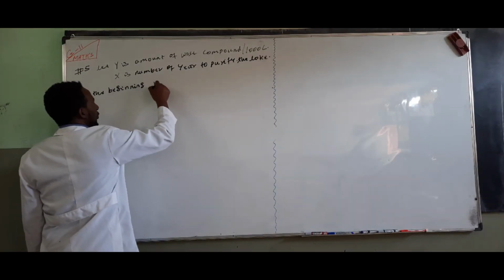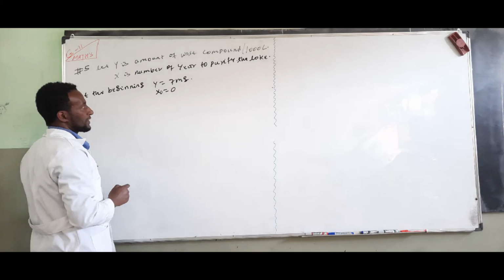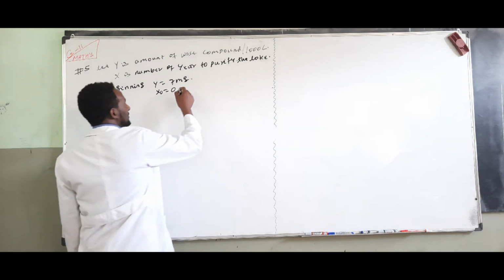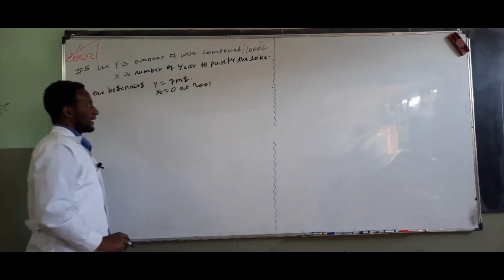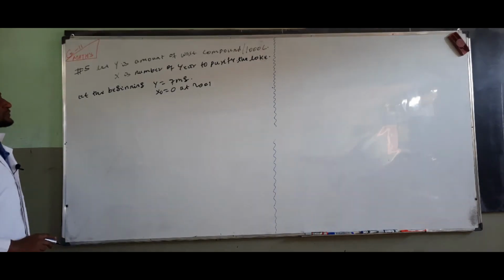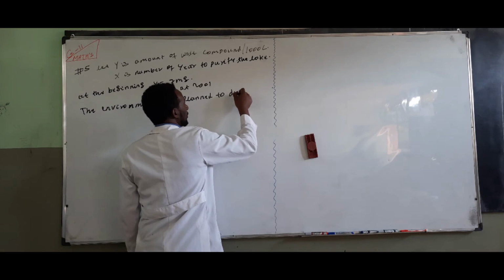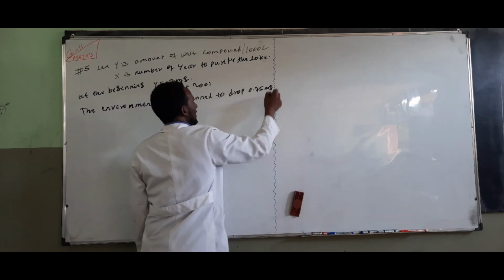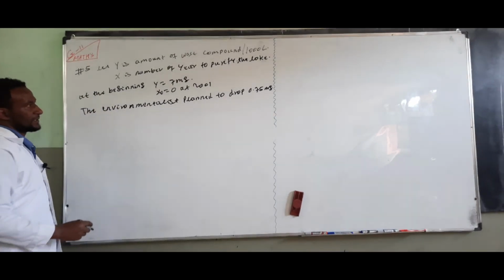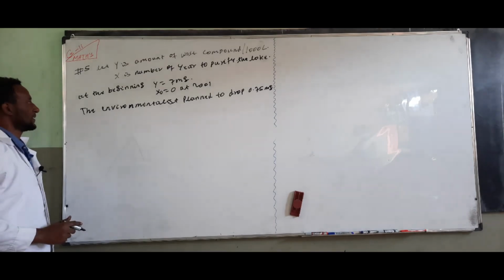At the beginning, y is equal to 7 milligram and x naught is equal to 0, in 2001. Then the environmentalist planned to drop 0.75 milligram per 1000 liter.